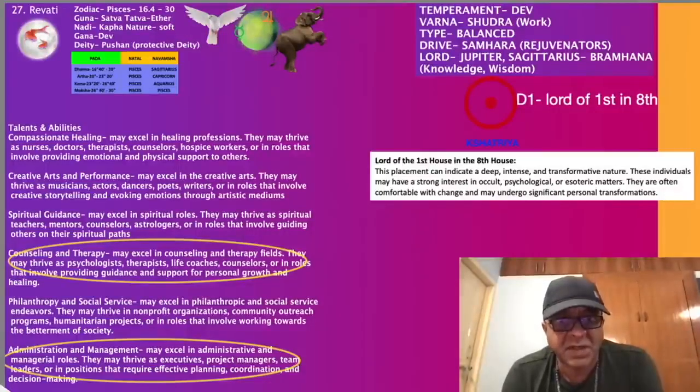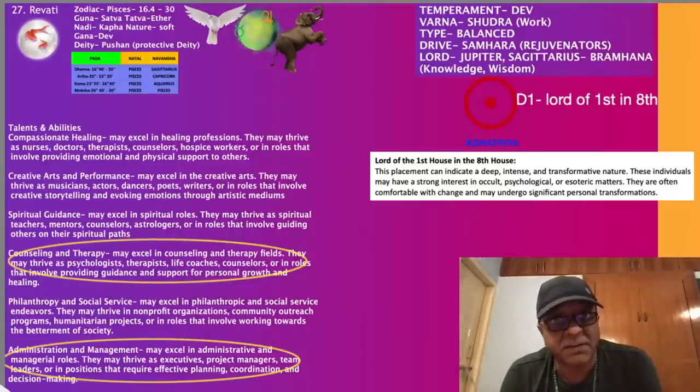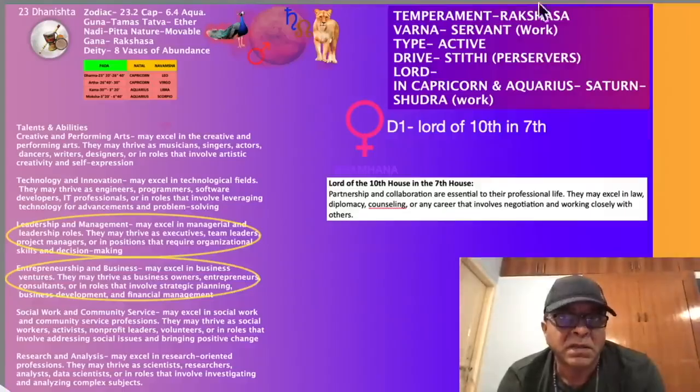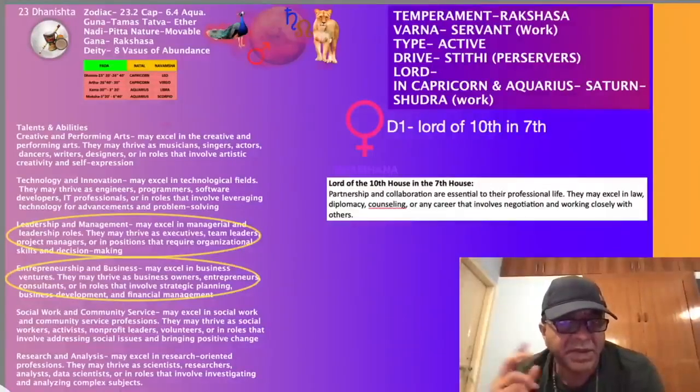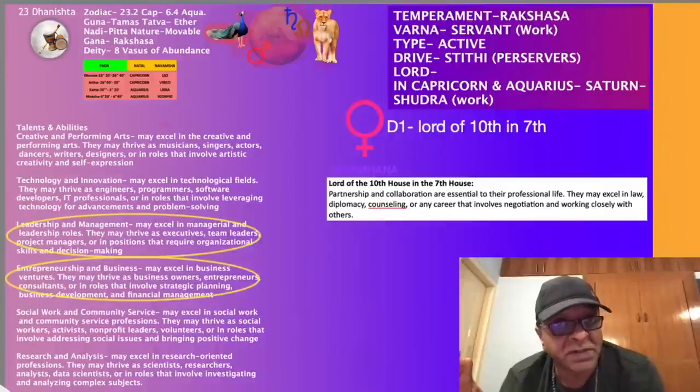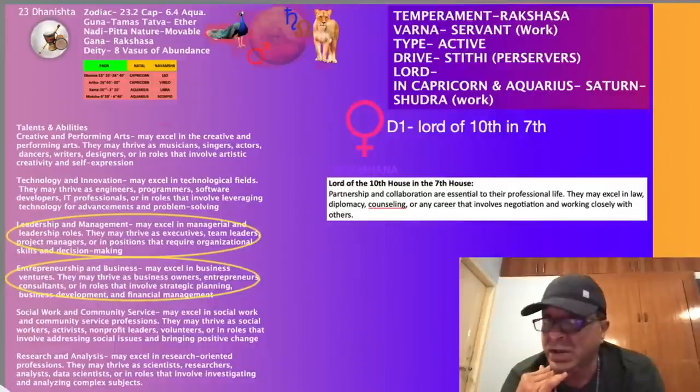Now, let us see the Lord of the 10th and what it is doing in that other nakshatra. The Lord of the 10th, being Taurus, it's Venus, it's a fixed sign of Taurus. So, Venus is sitting there. So, the Venus from Taurus, from the 10th house, is now sitting in the 7th house.